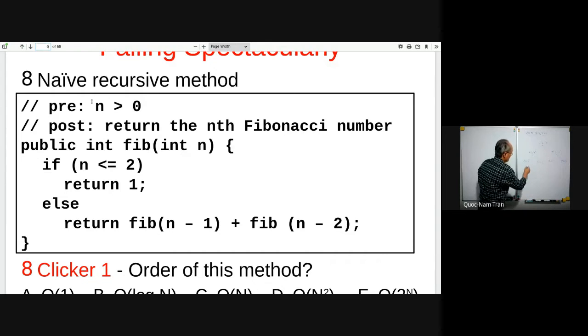And then here we have fib of 3 plus fib of 2, right? Etc. And here we have, okay, fib of 2 is 1, right? Okay, fib of 3 will be fib of 2 plus fib of 1.